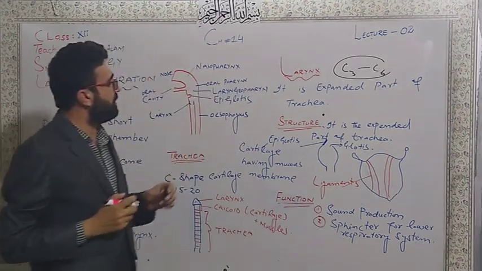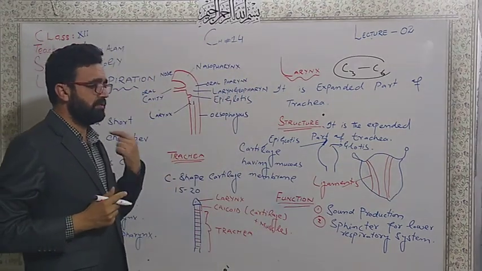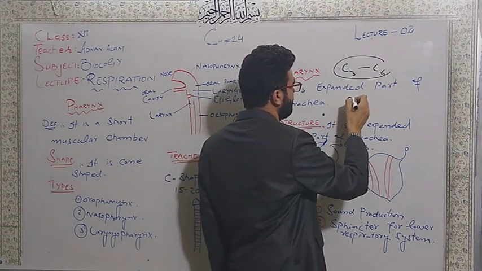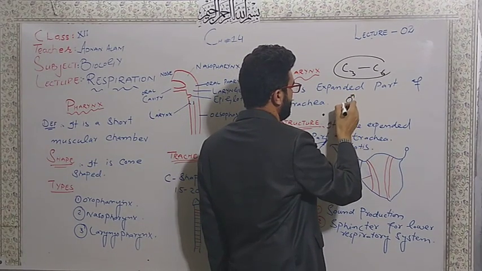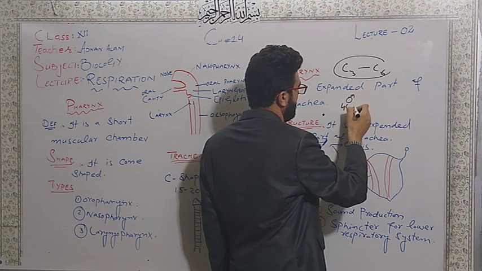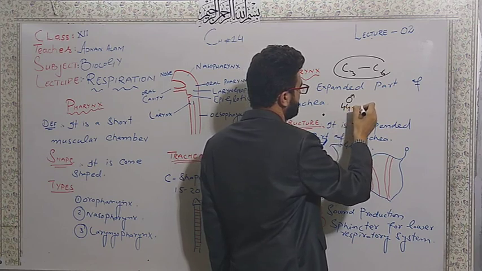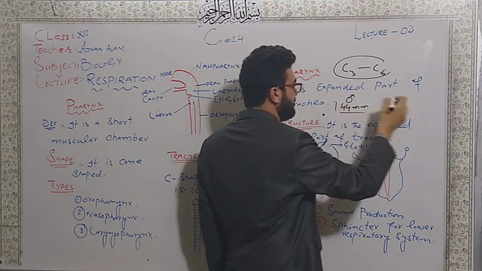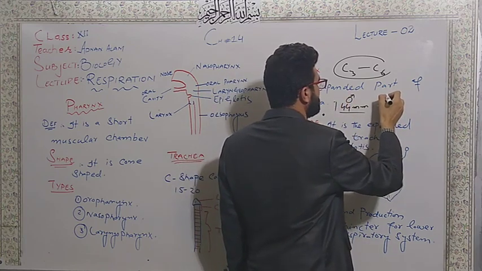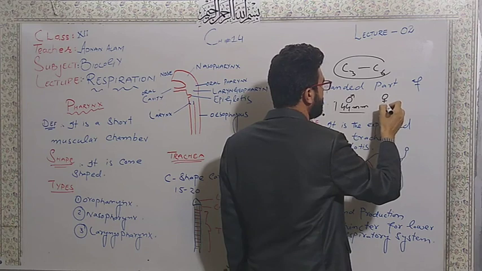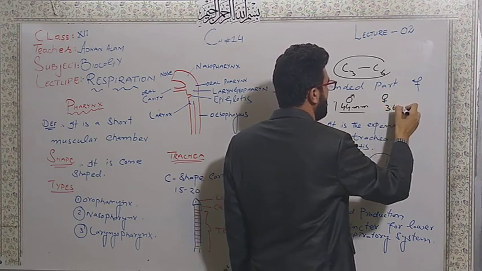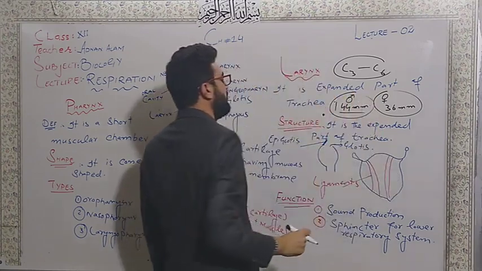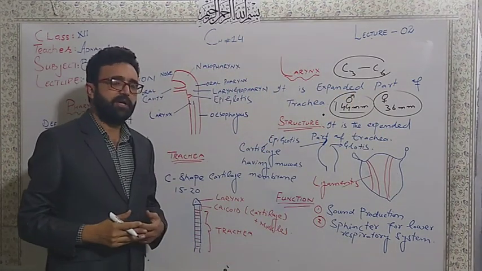The size of the larynx varies in male and female. In males, usually its diameter is 44 mm, and in females it's about 36 mm in diameter. So it varies gender wise.